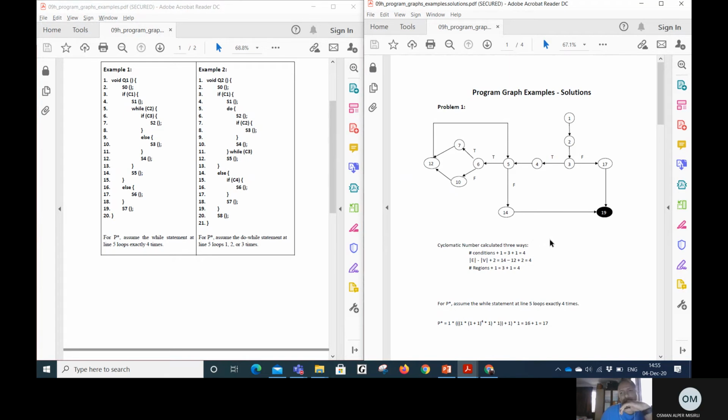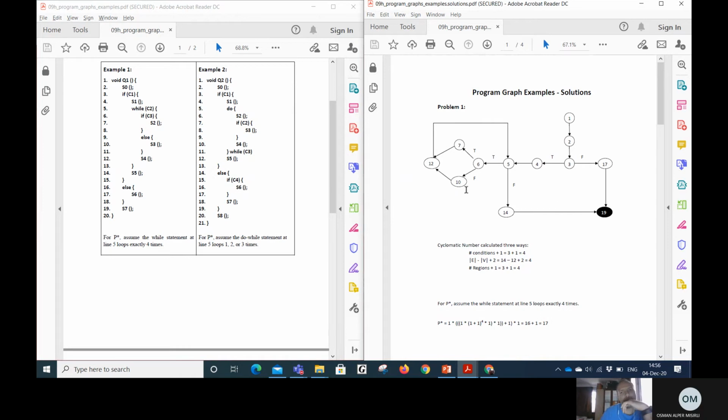So we want to make sure we test this path, this path, this path, this path, this path, and this path. All right, so that would be 4 in that situation.